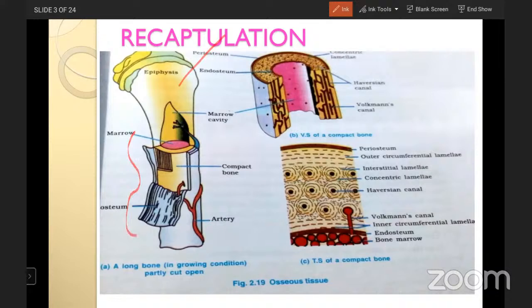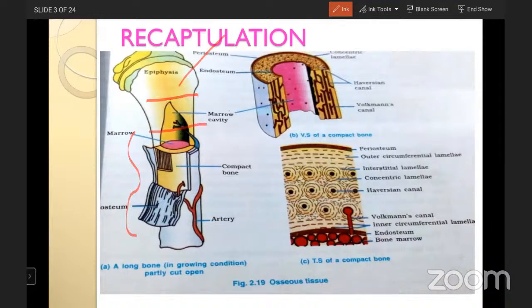The two extended, expanded epiphyseal regions, in between these two epiphyseal regions, diaphysis is the region which is long in structure. Between the epiphysis and diaphysis, we are able to see the metaphysis region.